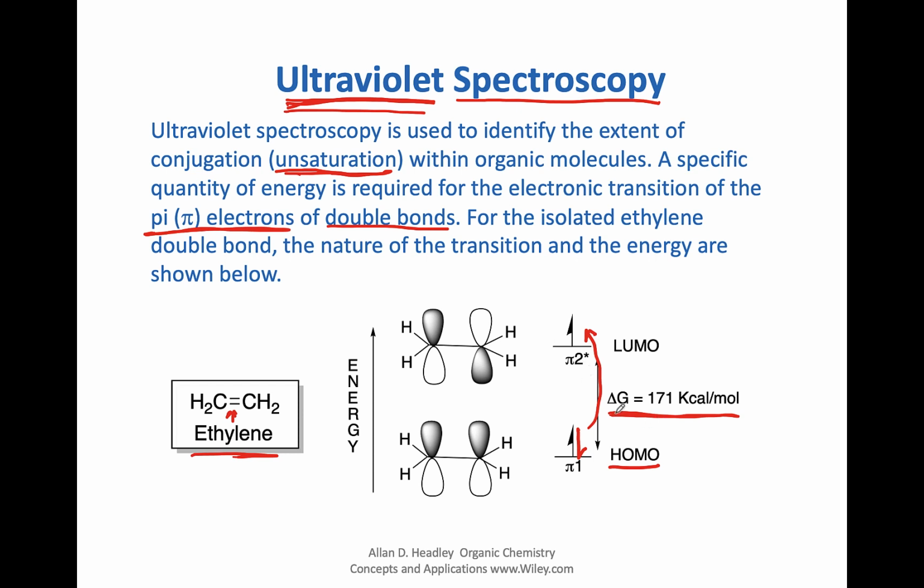This energy is specific, and that causes excitation, and that's the type of interaction. So based on that excitation, one could tell that this molecule has a double bond present.